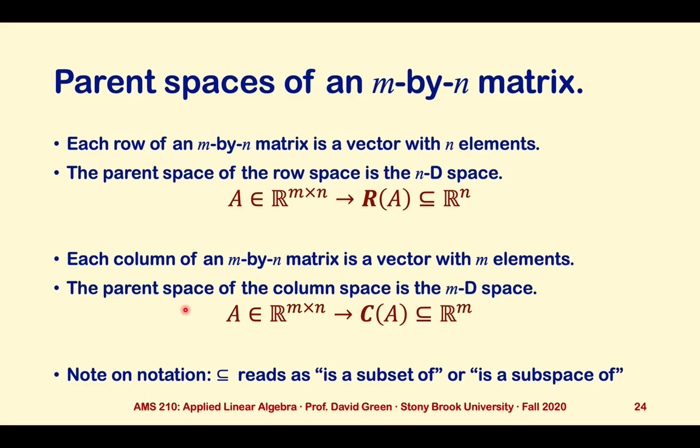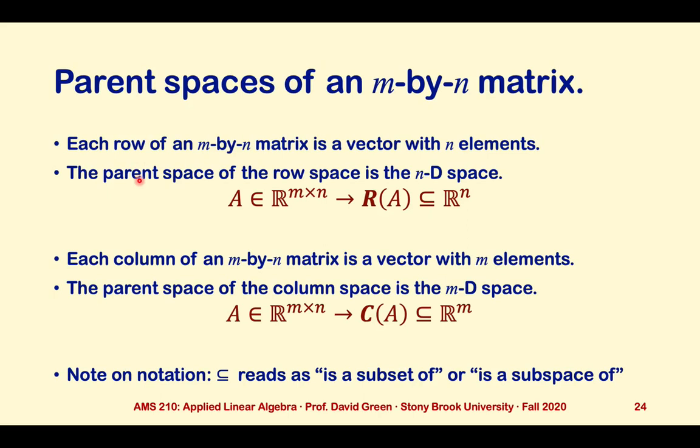What do we mean by a parent space here? Well, just the space that the row space or the column space sort of lives in. Imagine that the row space was a line, one-dimensional, with a dimension of 1. Is it a line in 2D? Is it a line in 3D? Is it a line in 4D? That is the question of the parent space.